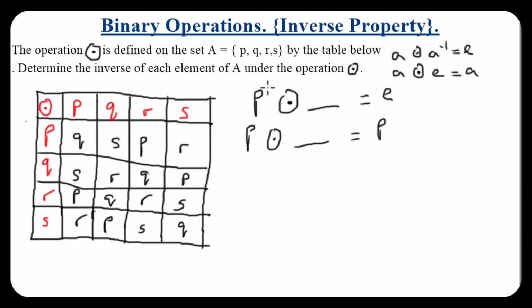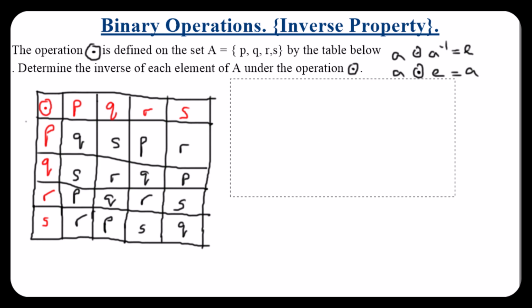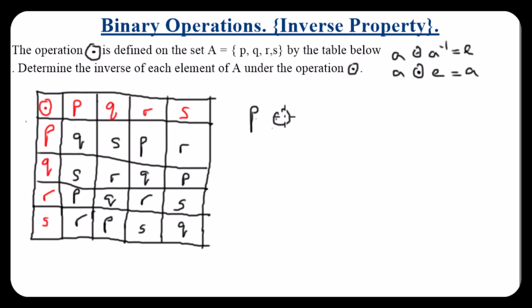So let me try and clear this. In the inverse property, we'll find the identity element first. After finding the identity element, we can use that to find the inverse property. Okay, so let's write for P. P O dot, what am I combining with P that gives me P itself? What am I combining with Q that gives me Q itself?